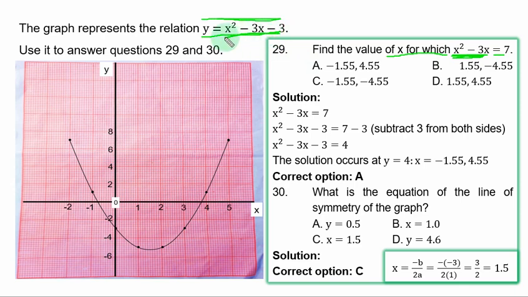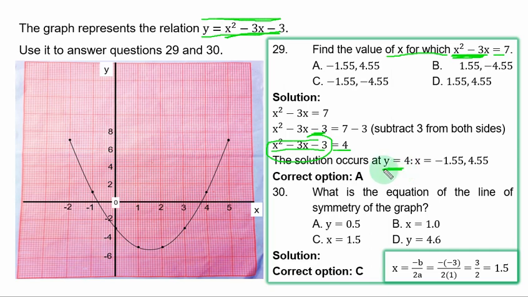To achieve that, you simply subtract 3 from both sides. If you do that, you have s squared minus 3s minus 3 equal to 4. Everything here is equal to y. It means that the solution occurs at y equal to 4.